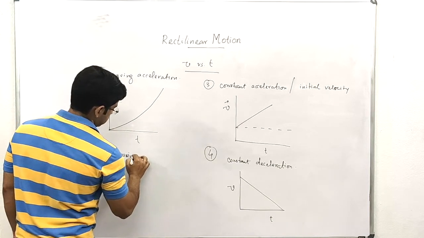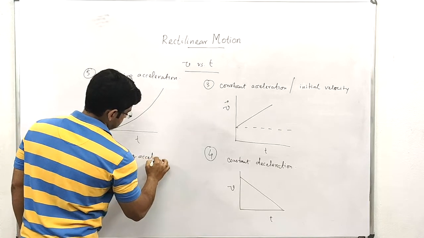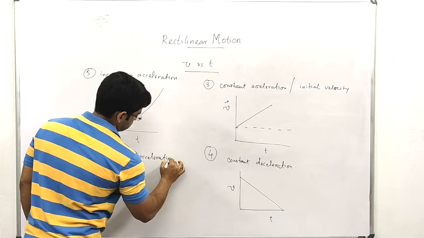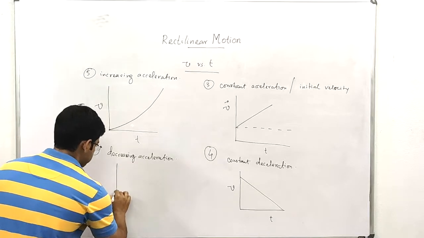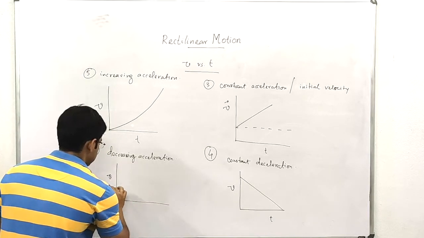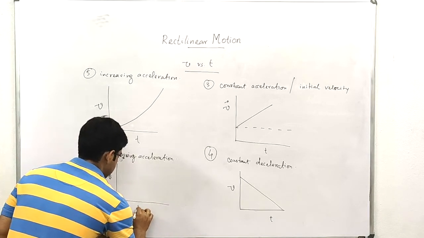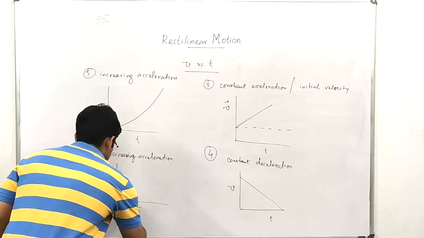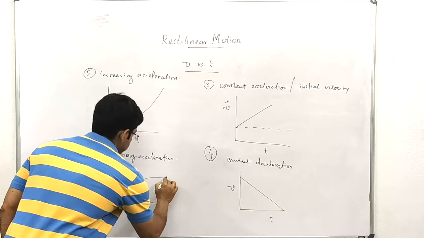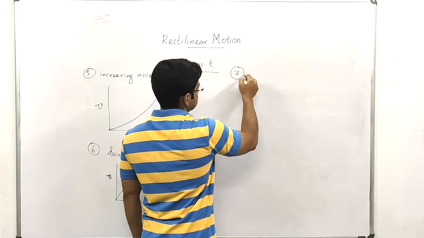Decreasing acceleration. The v versus t plot will be of gradually decreasing slope.